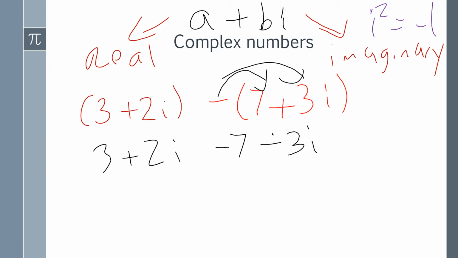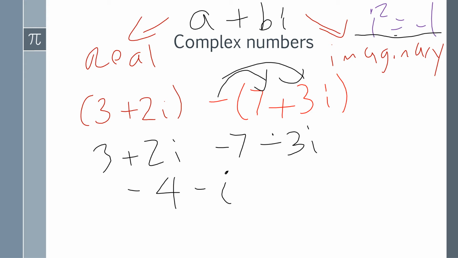So 3 minus 7, that's -4. 2i plus -3i, that's just -i. Be careful with that. The i is not going to change to anything. Remember, that's going to be i squared. And you're going to mainly see that being dealt with in multiplication and division. All right?